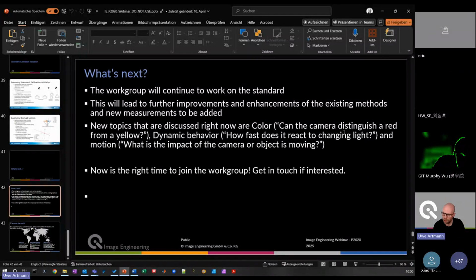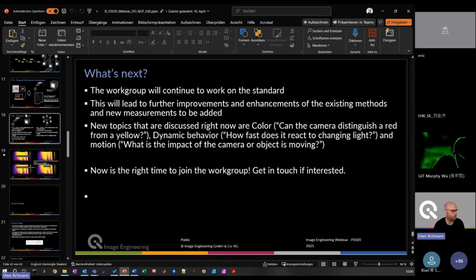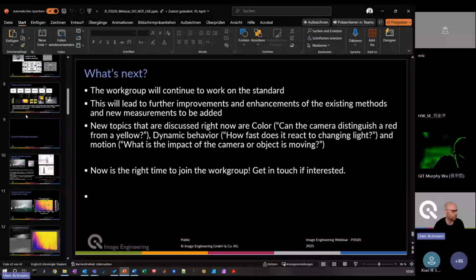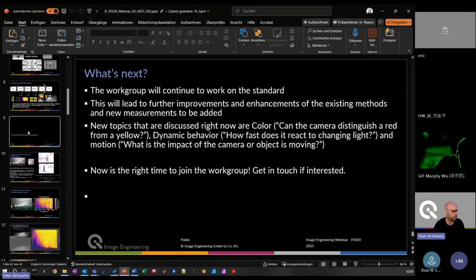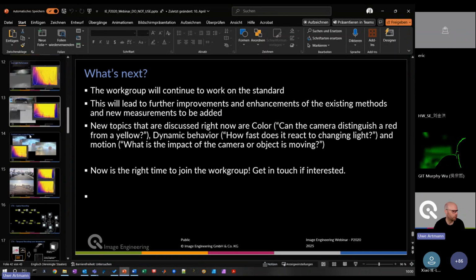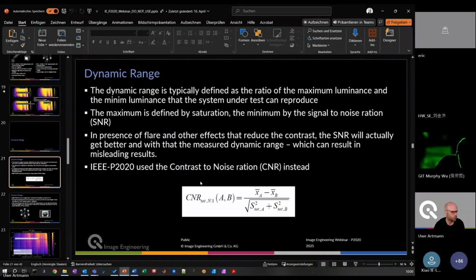And then there's a question: can CNR only be used for comparing two cameras? Are there any lower limits for different scenarios? So the CNR is in the dynamic range measurement. Let me just jump to the right slide. Here you are.